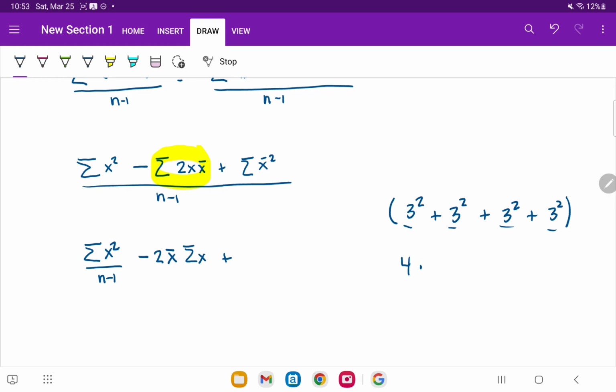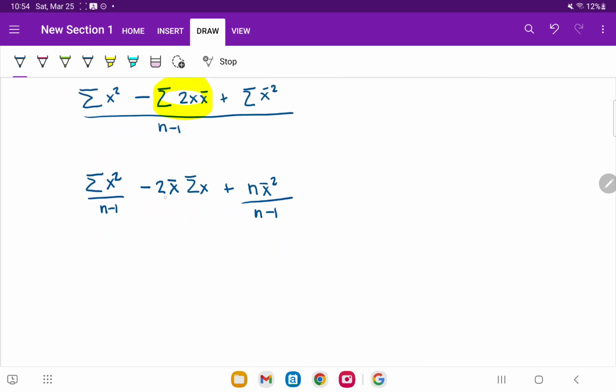So this becomes 4 times 3 squared. Whoops, not cubed, squared. So I'm going to do the same thing there. X bar squared is a constant, and there are n of them. That's how many data pieces I have. So I'm just going to write that as n times x bar squared over n minus 1. Oh, and there's an n minus 1 right here.